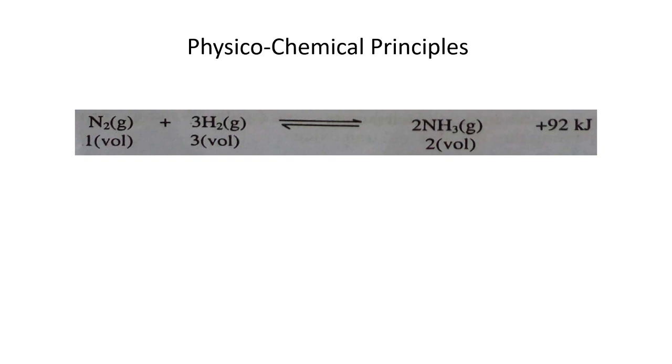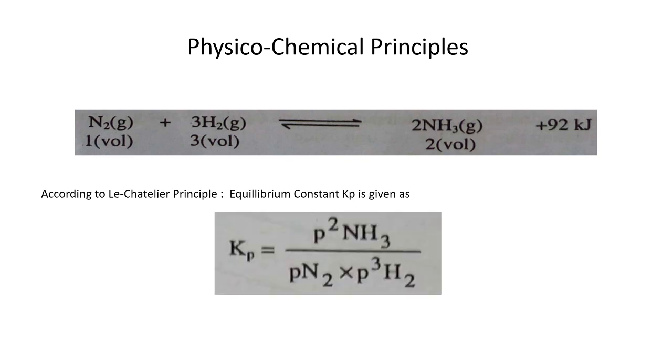Now, this is a reversible reaction, so the equilibrium constant Kp is given as this. Kp is equal to the pressure squared of ammonia divided by the pressure of nitrogen and the pressure cubed of hydrogen. Now you can see here, for gases we do not use concentration terms.